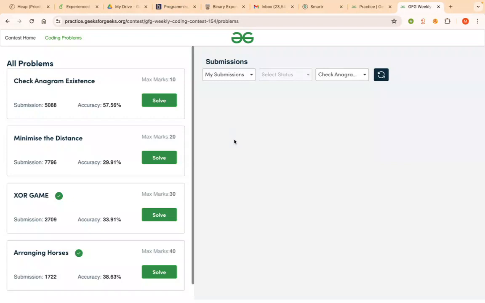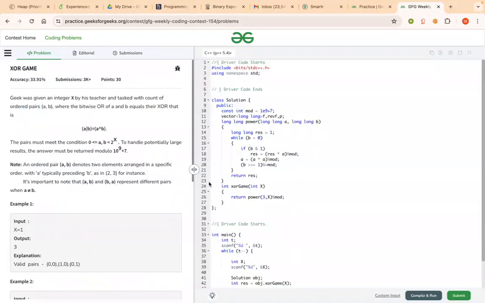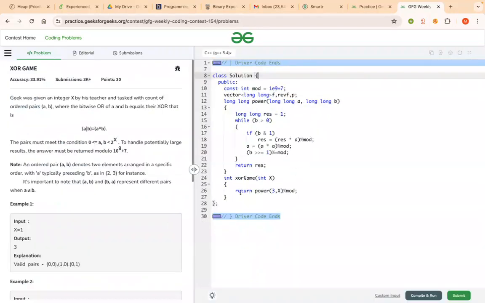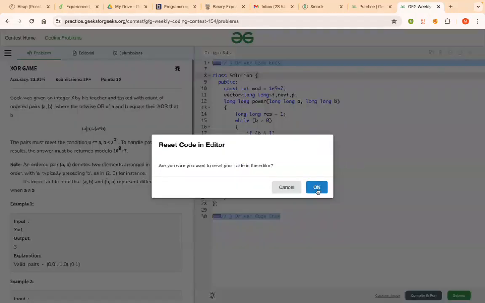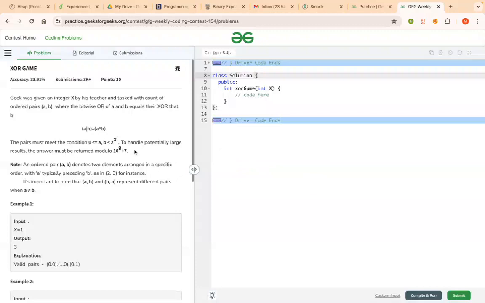So I was solving the questions, and since these two questions are of just 10 and 20 marks, I thought let's skip them and just start with the third one. So let's see what this is. It's an interesting question. So let's first erase this one and go through the problem statement.